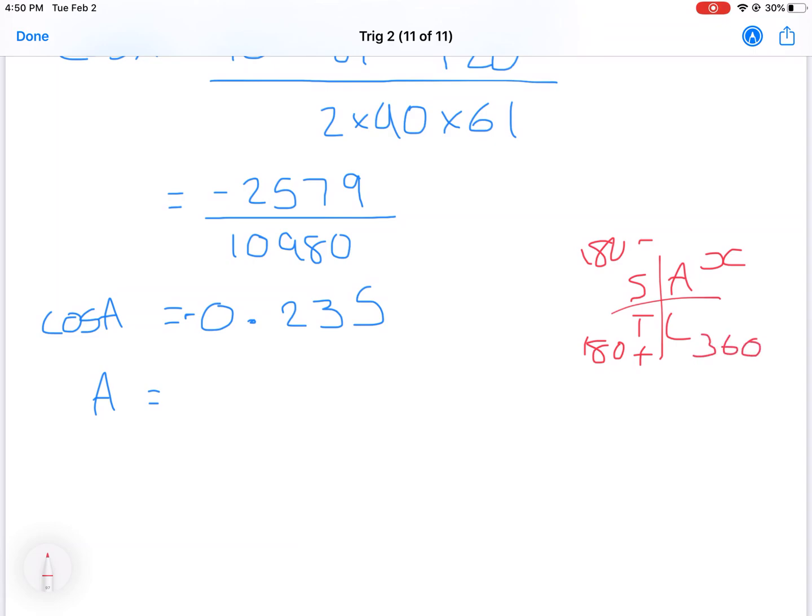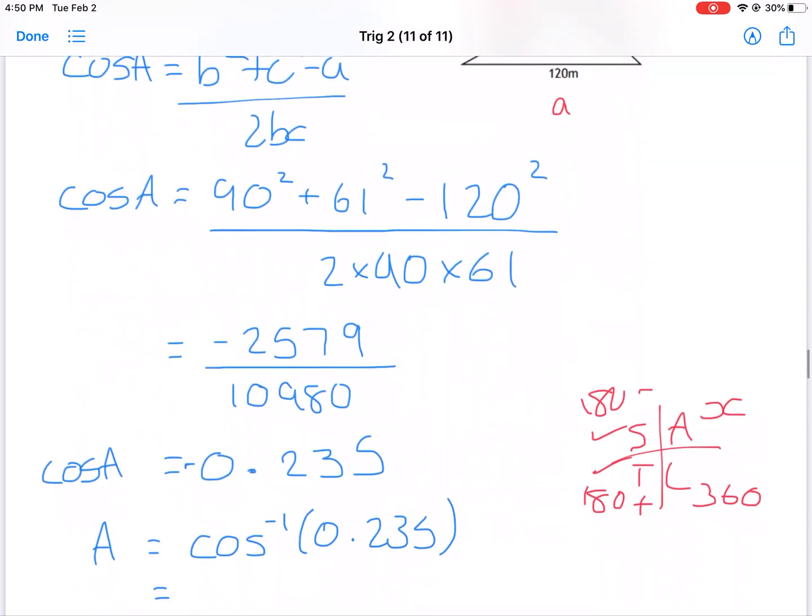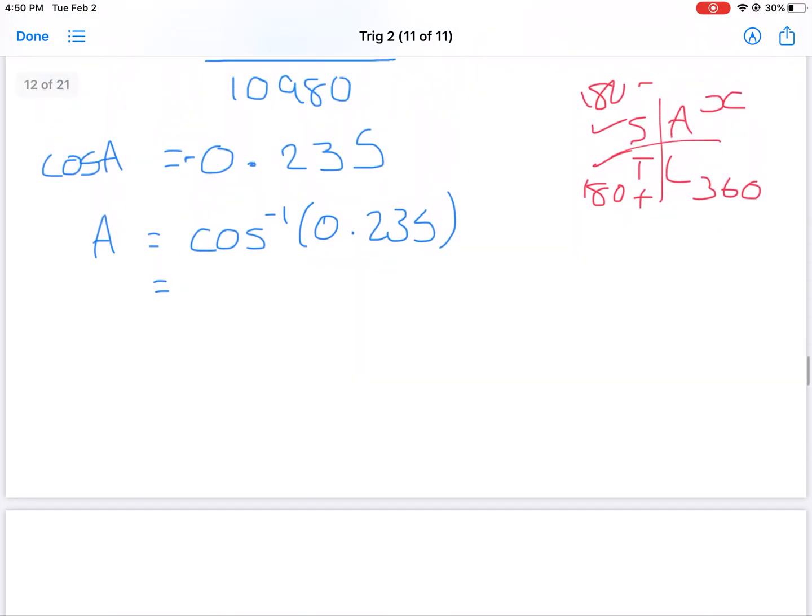So we are using cos, it is negative, which means we have to use the two sections S and T. The first thing we have to do then is to do cos minus 1 of 0.235. We get an answer to that, and we perform our two calculations, and we decide which of the two angles would make sense when we put it into the context of our question.